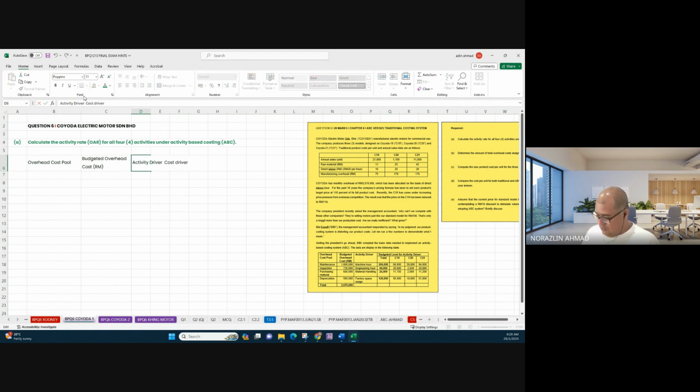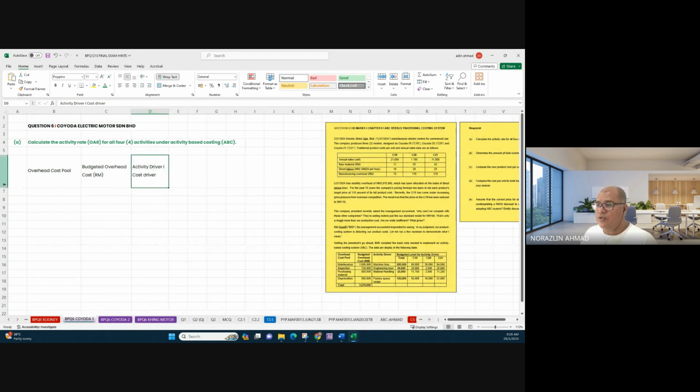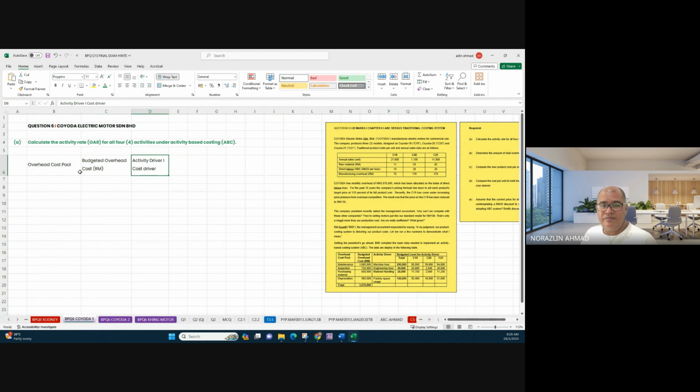Activity driver or cost driver. Okay, 1 to 3, and then budgeted.